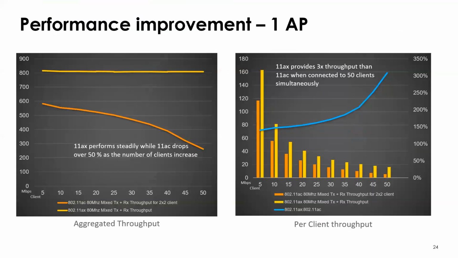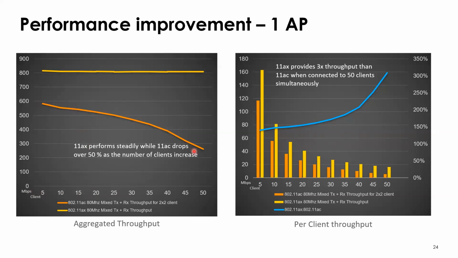So just to show you here, just a quick slide, this is showing you a big difference here between Wi-Fi 6 and 11AC. What happens with 11AC, which is this darker orange bottom line here, and this is showing us the aggregated throughput of all the connected clients. And over here, we are seeing basically how many clients are currently connected. And what you'll see is as you increase the number of clients connected to the access point, the aggregated throughput is going to drop.